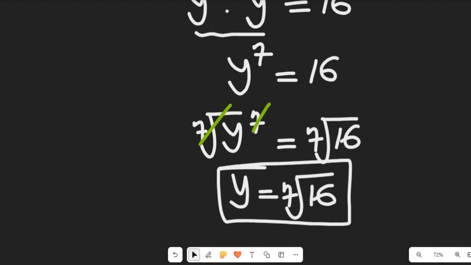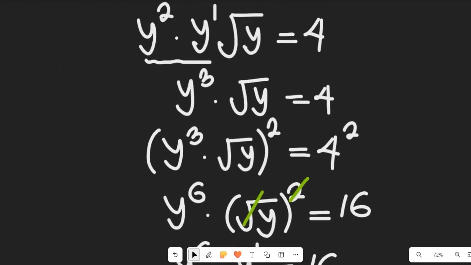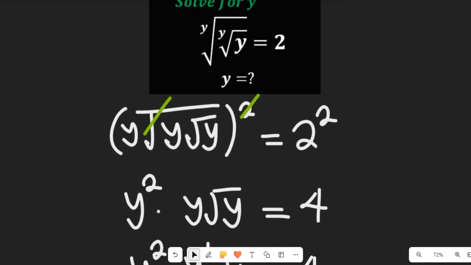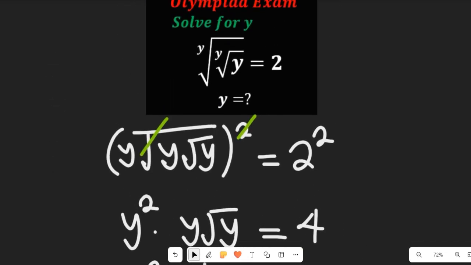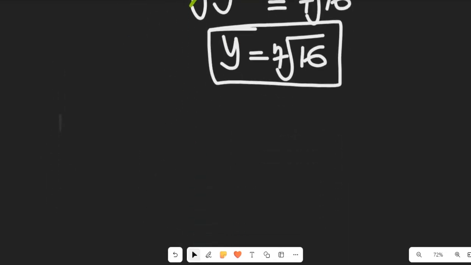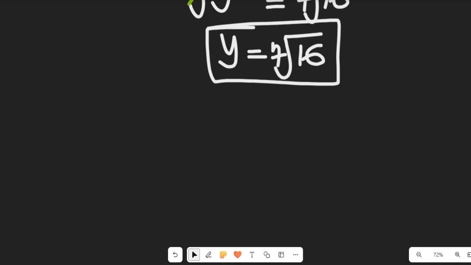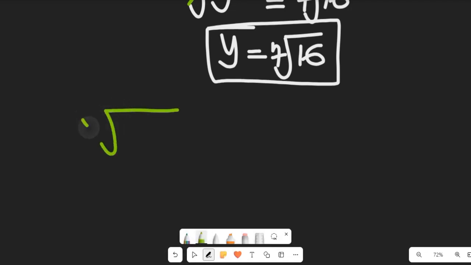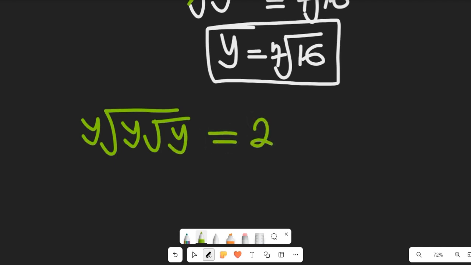Now let's check to see if our solution is correct. We are going to insert the value of y equal to the 7th root of 16 into the expression: y, the square root of y, and another square root of y, which is equal to 2. If we insert this value into the expression, will this give us 2?